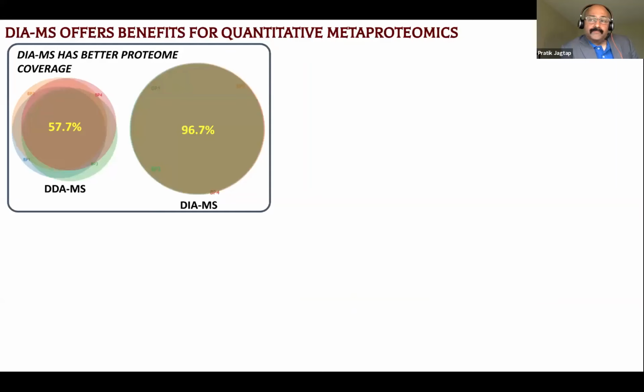One was a bacteriophage infection data set, and the other one was a hydrothermal vent data set. Based on these, we found that if you compare the proteome coverage, so these are peptides that are present in 4 replicates, only 57.7% of peptides are present in all 4 of these samples, while if you were to use DIA methods, the coverage was much more impressive.